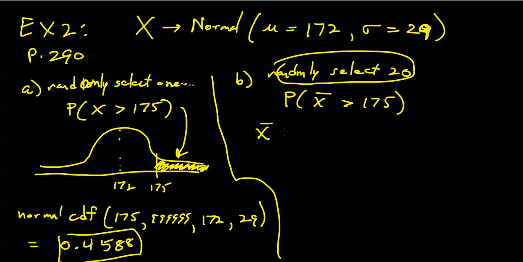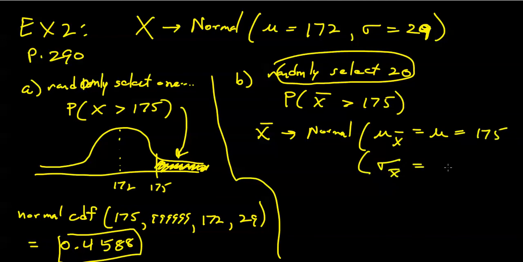We know that X bar is normal. The mean of the sample means equals the population mean, that's 172. The standard deviation of the sample means equals your original SD divided by the square root of the sample size. Well, in this case, it's going to be 29 divided by the square root of 20, right?